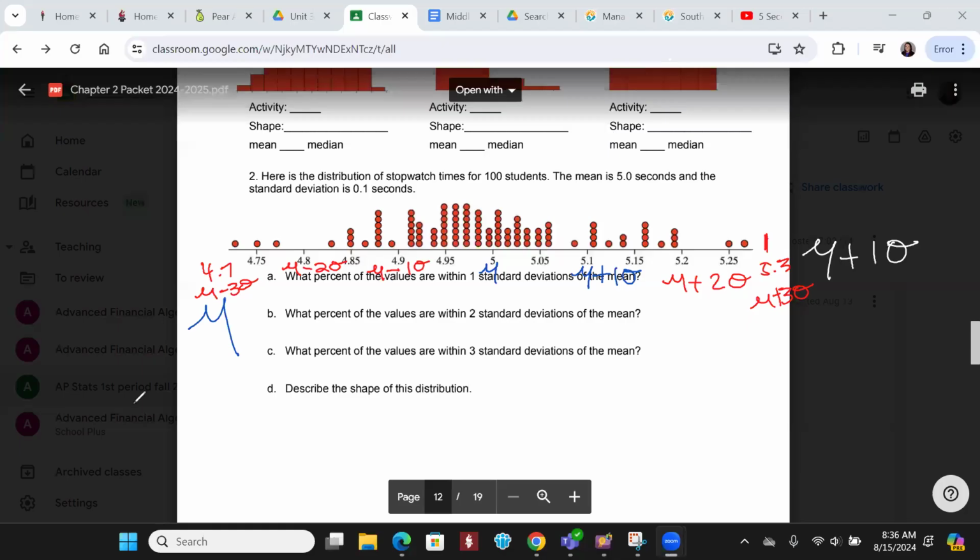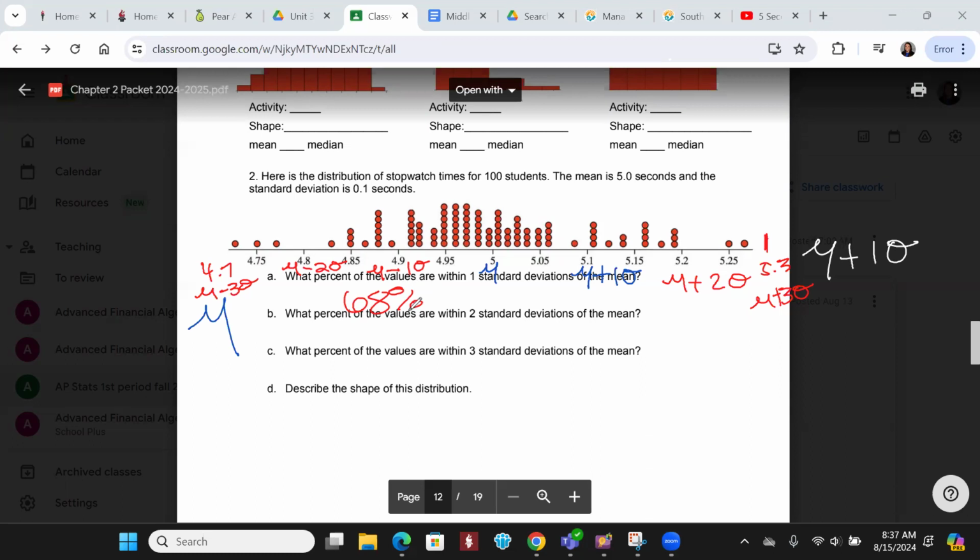Okay, so what percent of the values are within 1 standard deviation of the mean? 34 plus 34 is 68. Okay, 68%. You actually learn this in algebra 2, and when I show you, you're going to be like, oh yeah, that's right.